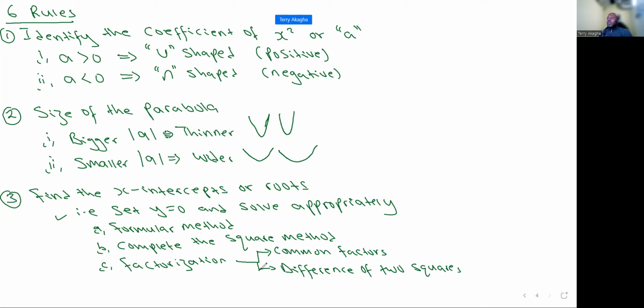You can use trinomials when a is equal to 1. And you can also use trinomials when a is not equal to 1. So I've discussed all this in the previous video, all right? So just go back and review this. That is why you need to understand how to solve quadratic equations.